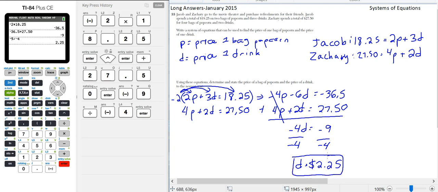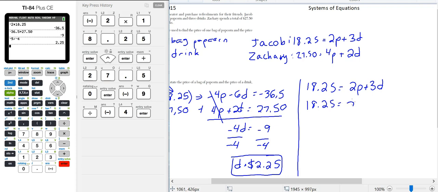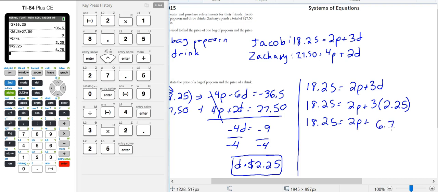Now we're going to plug in what we found for D into either one of the equations to solve for P. Let's plug into Jacob's equation. So 18.25 is equal to 2p plus 3d. So 18.25 is equal to 2p plus 3 times d, which we now know is 2.25. 18.25 is equal to 2p plus 3 times 2.25, which is 6.75.